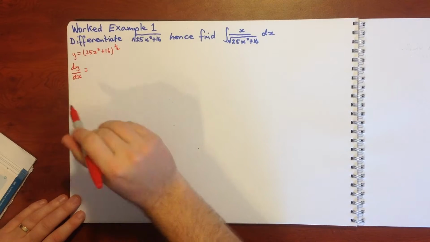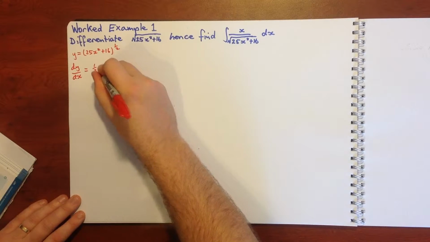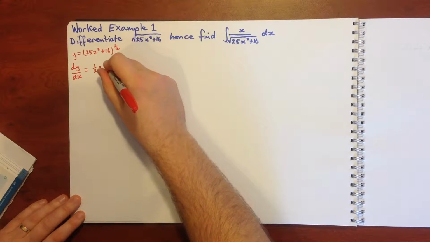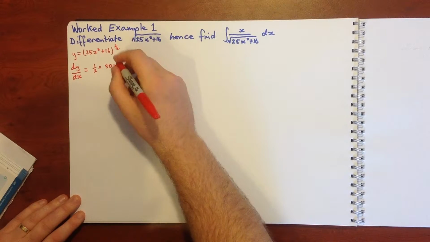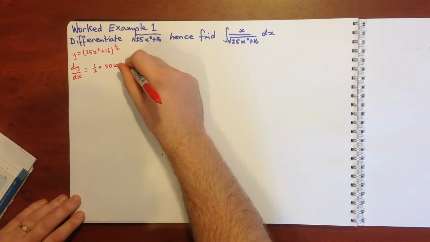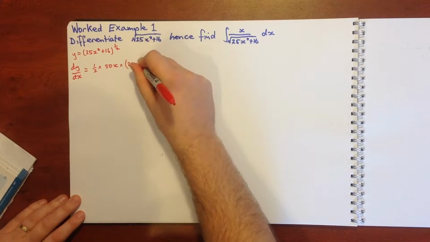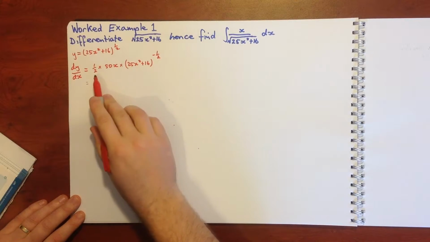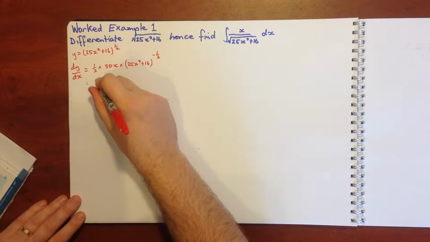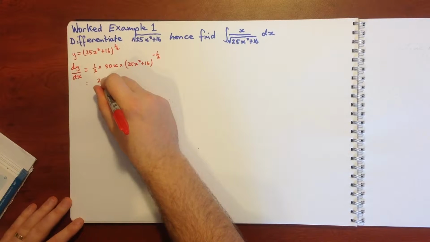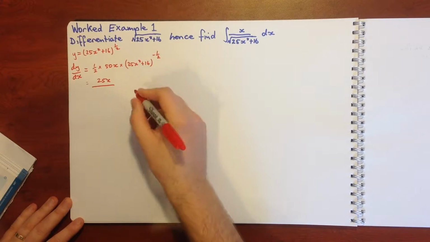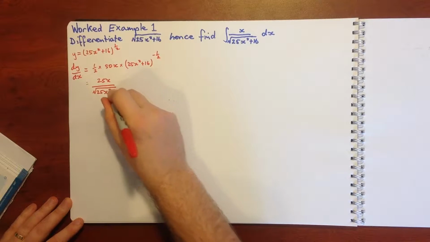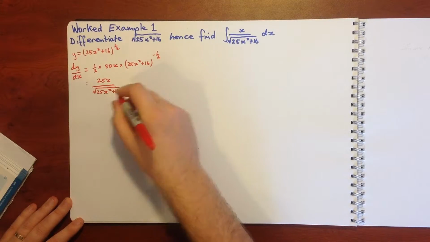We bring our half down the front, times the derivative of what's inside the brackets, which is 50x, times (25x squared plus 16) to the power of negative a half. Half of 50 is 25, so we get 25x over the square root of 25x squared plus 16.